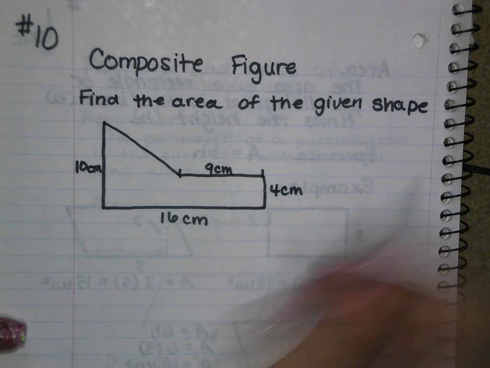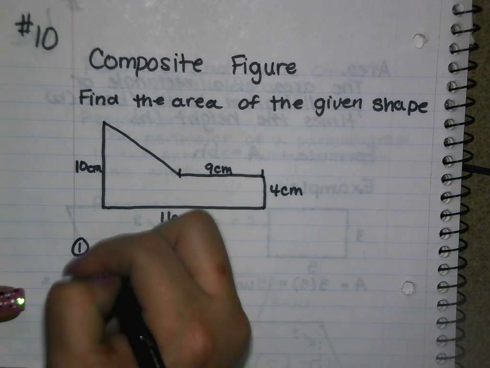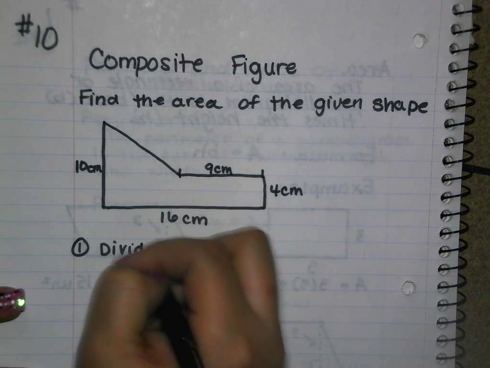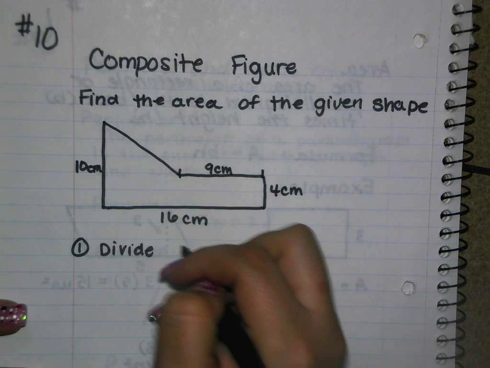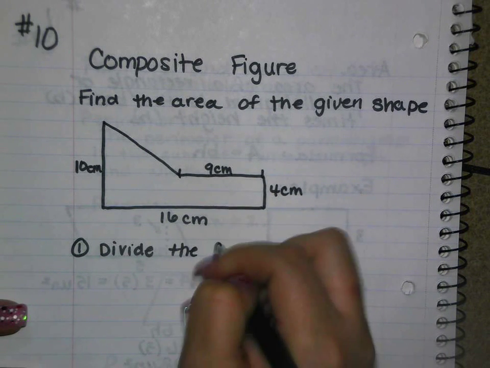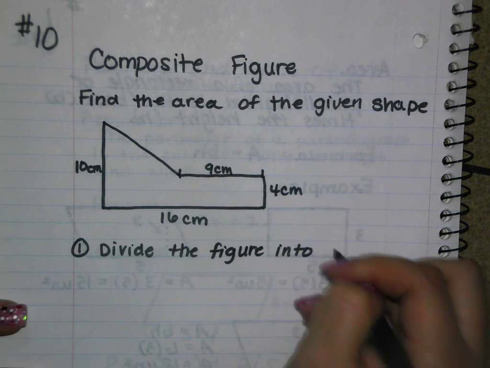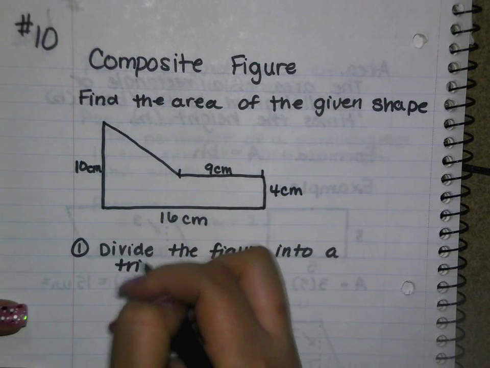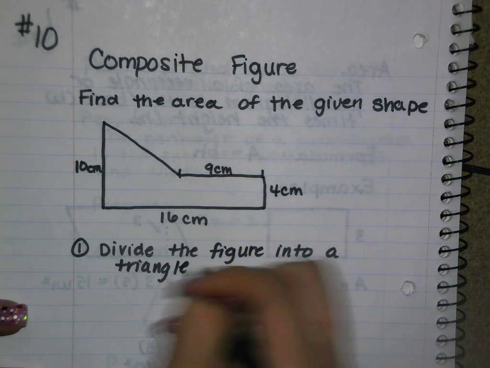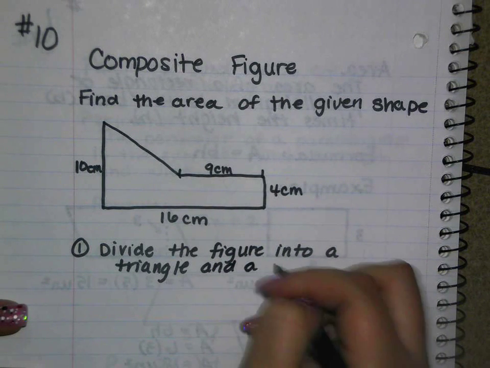Okay, so the first thing we're going to do is divide this figure into parts. So we're going to divide this figure into a triangle and a rectangle.